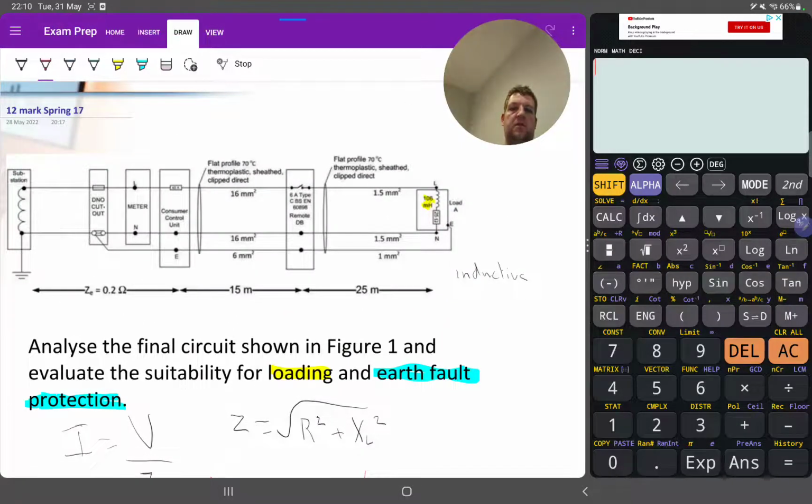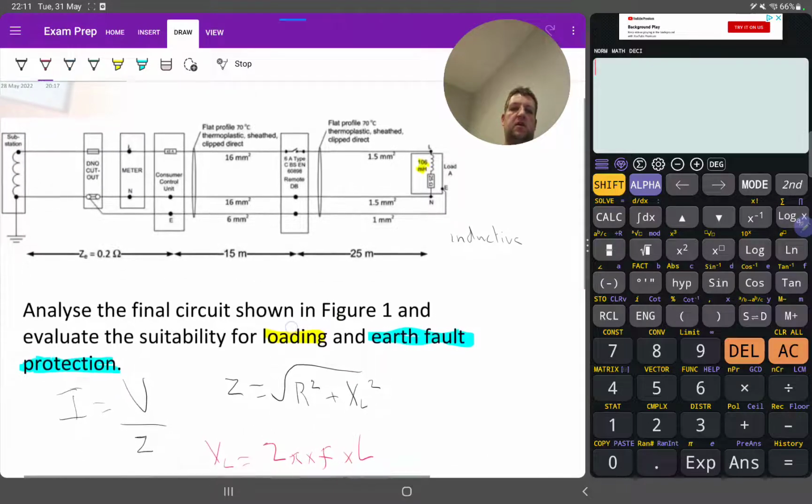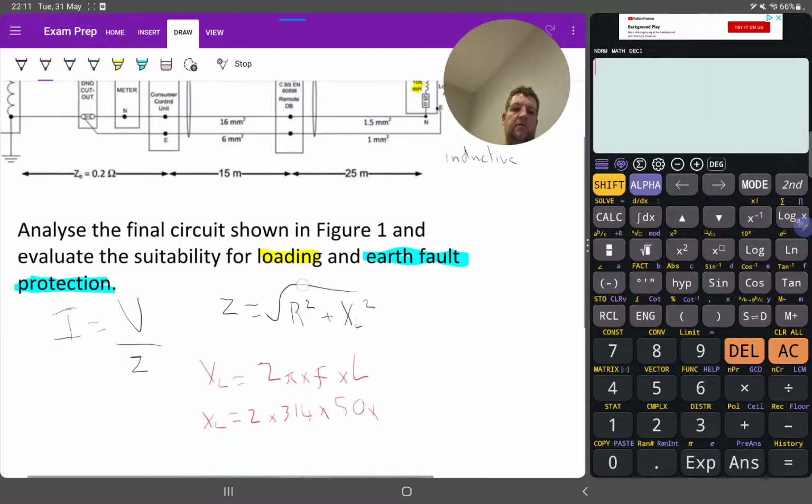It says 106 millihenries. So milli is times 10 to the minus 3. So times 10 to the minus 3 because it's milli. I'm going to put this in the calculator on the right hand side. So 2 times by pi, which is at the bottom. The EXP button's got a yellow pi symbol above it.